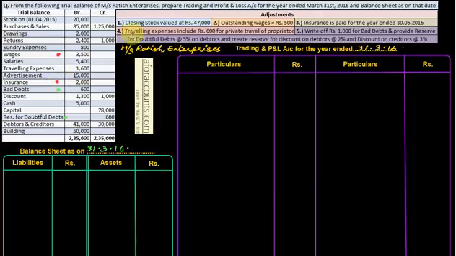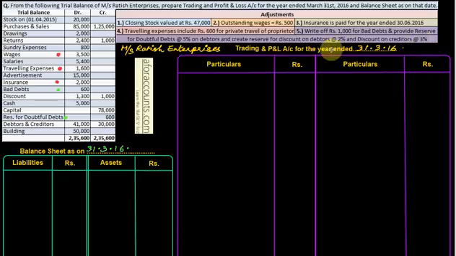Third adjustment. Now fourth. Travelling expenses include rupees 600 for private travel of proprietor. So 600 should be removed from travelling expenses and added up in drawings. Write off rupees 1000 for bad debts and provide reserve for doubtful debts at the rate 5% on debtors and create reserve for discount on debtors 2% and discount on creditors 3%.